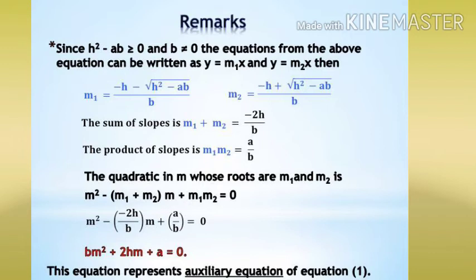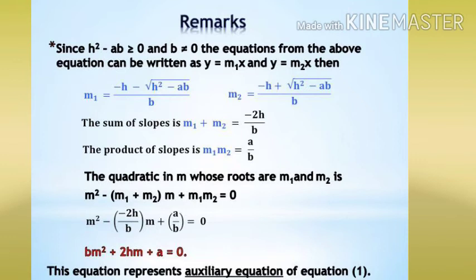Now already we know that h square minus ab is greater than or equal to 0 and b is not equal to 0. So the previous equations, as they are passing through the origin, we can write them as y is equal to m1 into x, and the second line again y is equal to m2 into x.